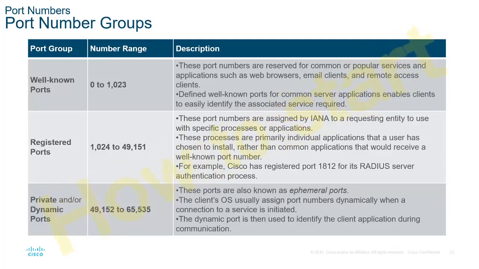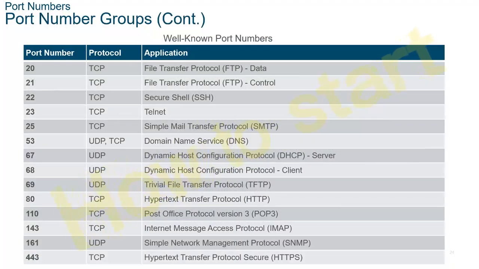Well-known ports are the ones that are well established. These are going to be the ones that are predefined and are pretty common. A lot of services like Xbox or PlayStation chat communication are going to be between the registered and the dynamic port ranges.